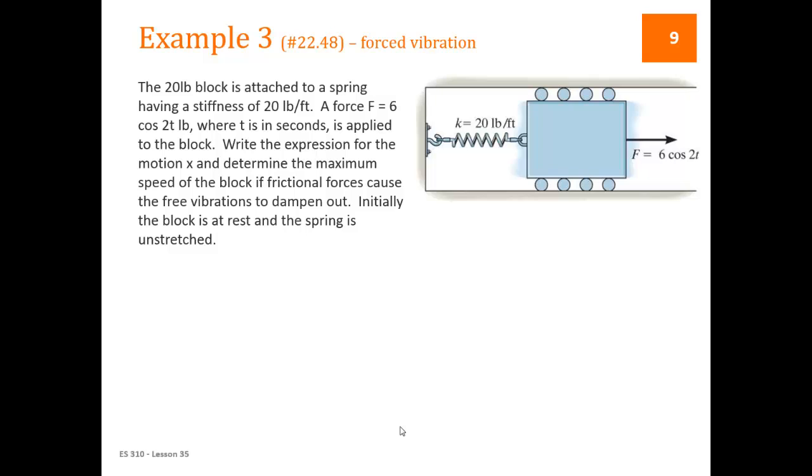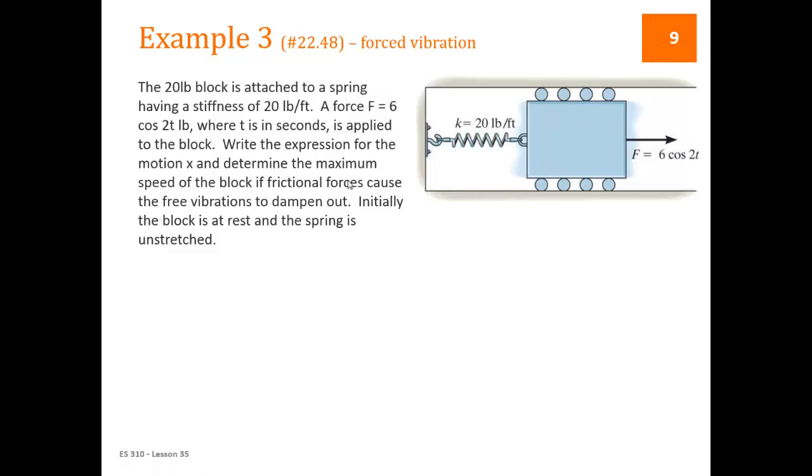So let's take a couple of examples of forced vibrations. In this one, we have a block attached to a spring, and we're given the spring constant, and we apply a force of 6 cosine 2t. This is a cosine term, so the whole block is going to be moving back and forth.